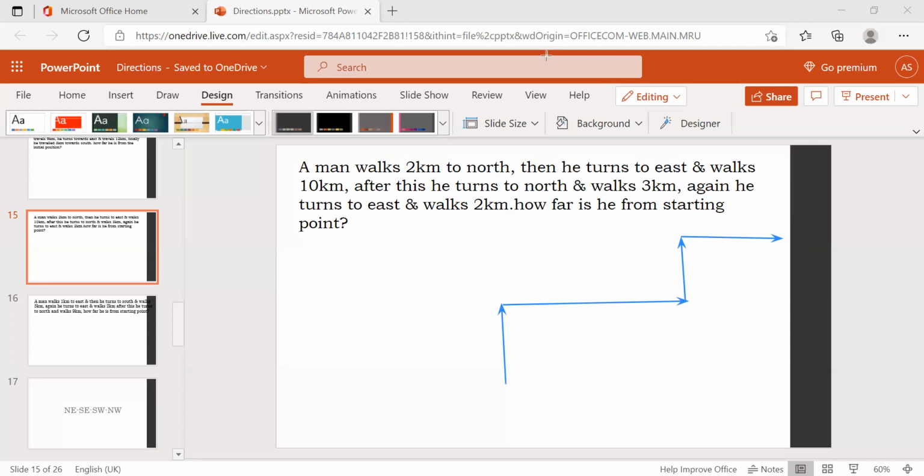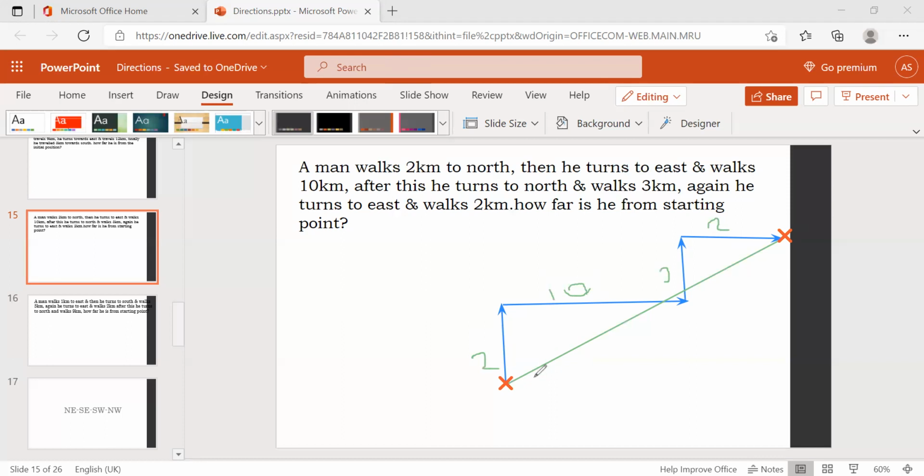Simply they are asking how far from the starting point. This one, starting point to ending point, here to here, right? So this is nothing but 2 kilometers, and this is nothing but 10 kilometers, and this is nothing but 3, and it is 2, right?